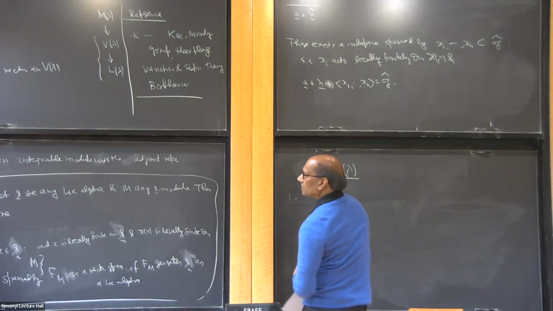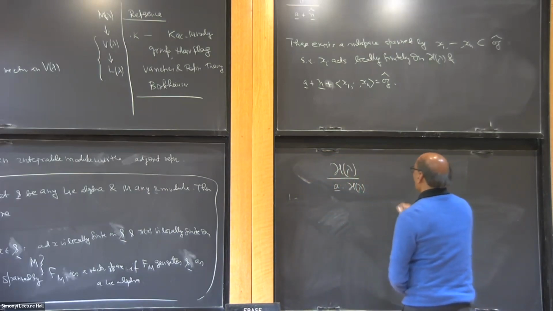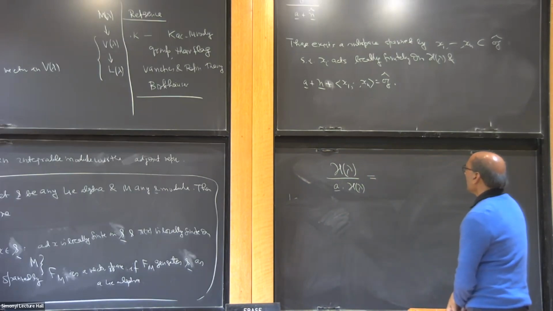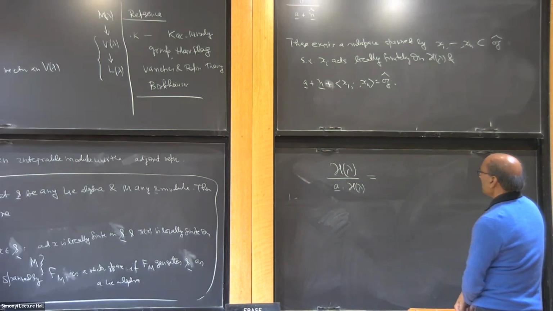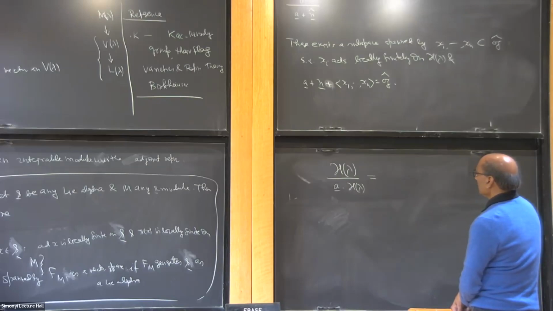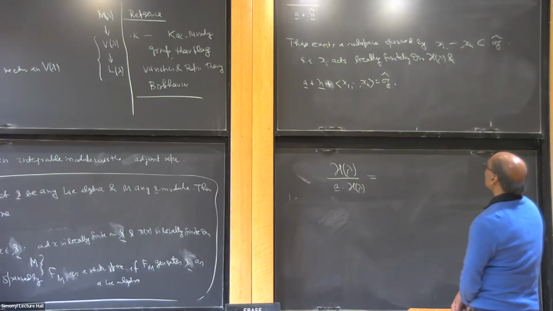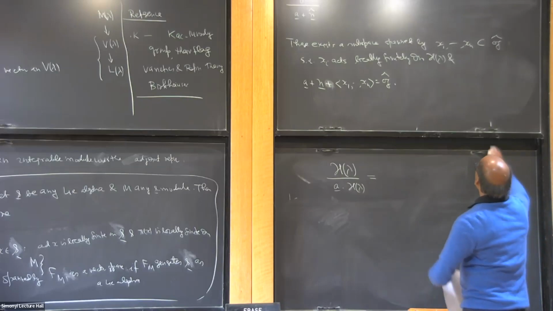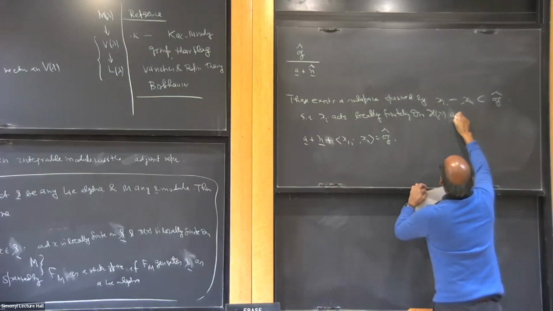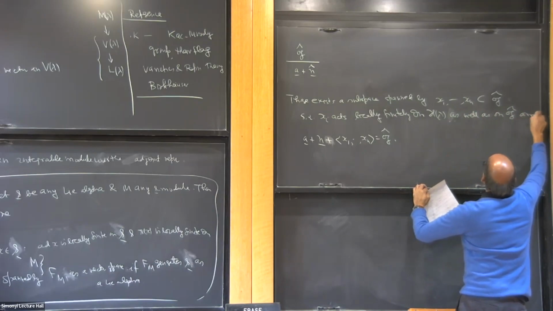By a lambda. Okay, so the xi act locally finitely on H, but also on V, as well as on G. That's right. We will need that.